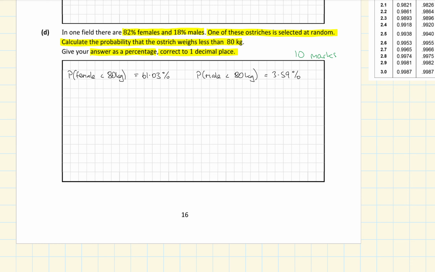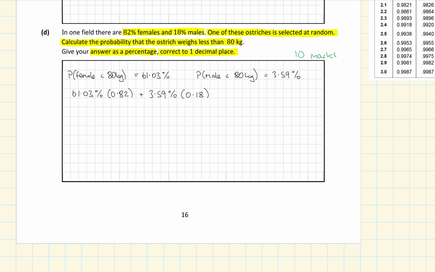Okay, and they tell us then in this field that we have 82% of them are females. So we get 61.03% multiplied by 0.82, and then we're going to add to that the probability of a male ostrich weighing less than 80. So we'll get 3.59%, and they tell us there's 18% males in the field.